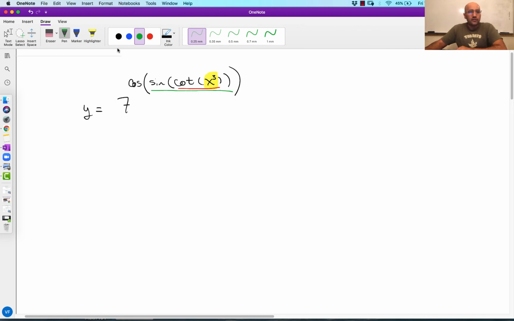Okay, so we get this ugly looking function, and we want to find its derivative. So find y prime. Well, we just covered this new rule.